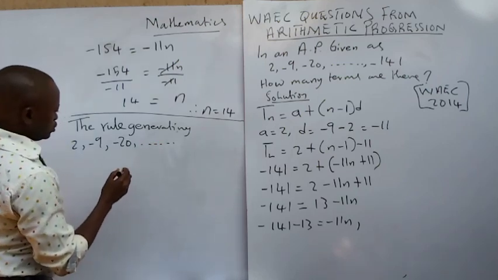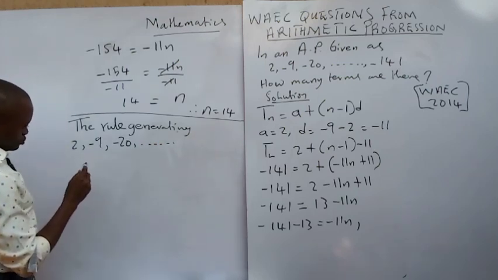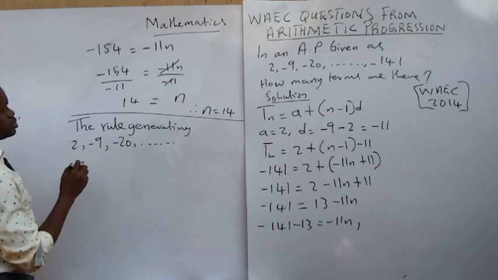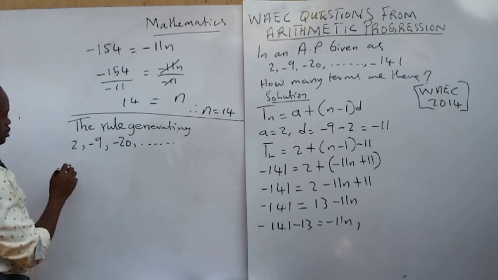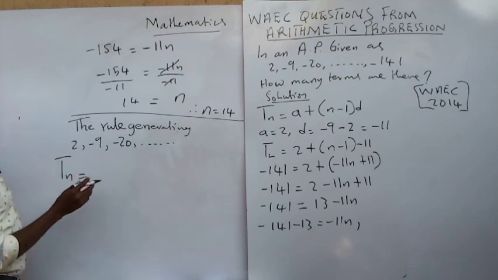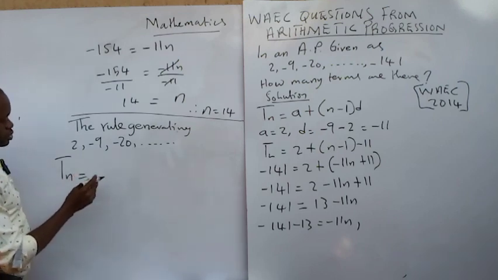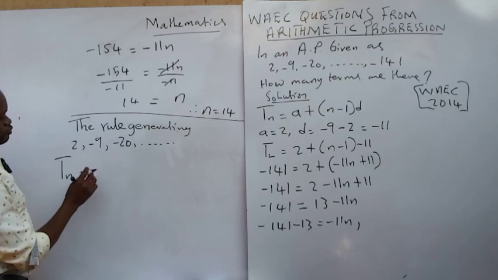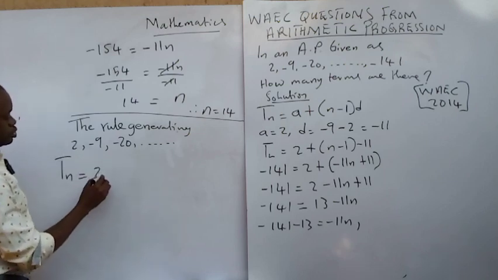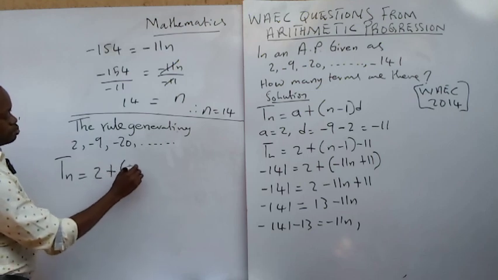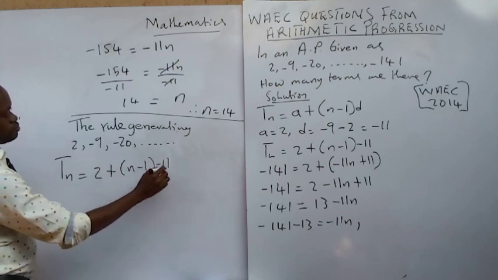If you look at this place, Tn is equal to, the first term there is 2 plus, n minus 1 in bracket, minus 11.